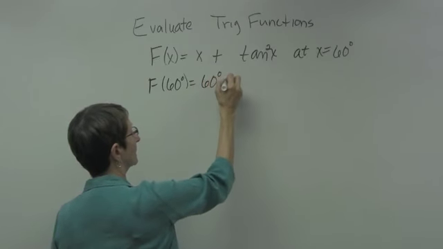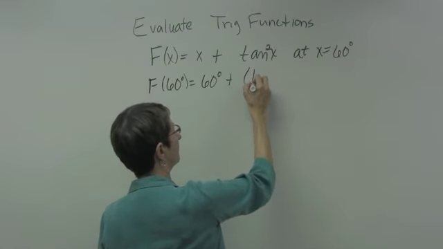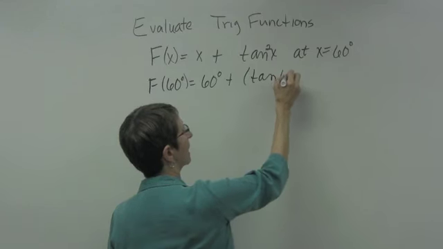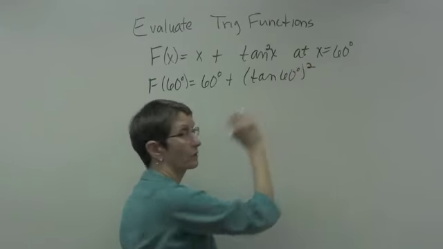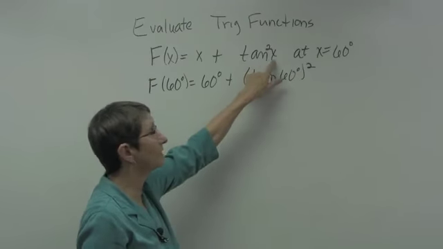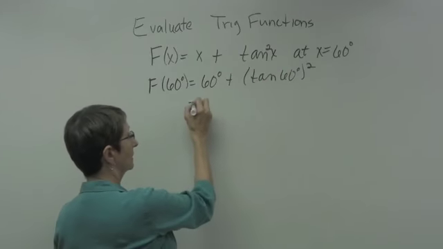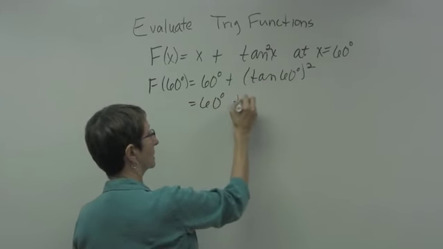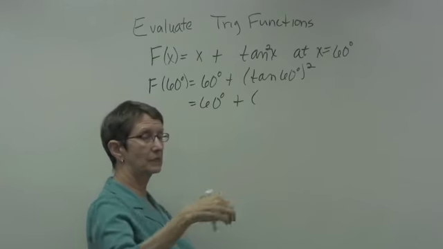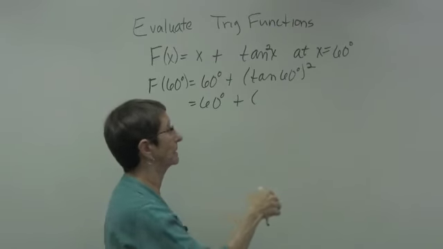So 60 degrees plus tangent of 60 degrees squared. Remember, you have to find the tangent of the x first and then square it. I'm in degree mode, 60 degrees plus tangent of 60. You put in 60, you hit the tangent button.